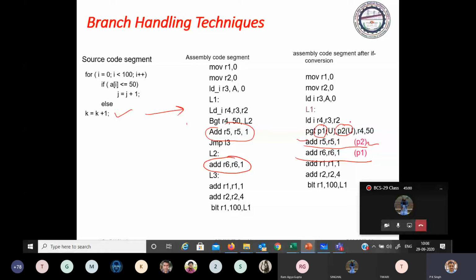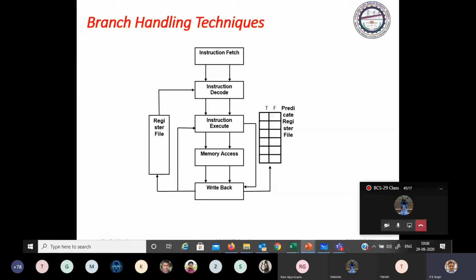Okay. And if you see the machine supporting predicates, this type of execution is called predicated execution. Okay. And machines supporting predicated execution are like this. In spite of having all other things you know up to now, this is a pipeline. If you see instruction fetch unit, instruction decode unit, memory access unit, write back, register file, everything is here.